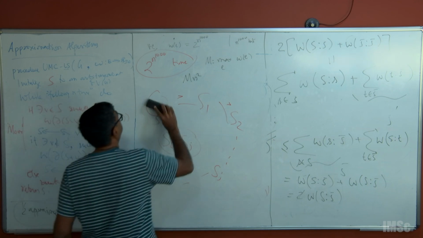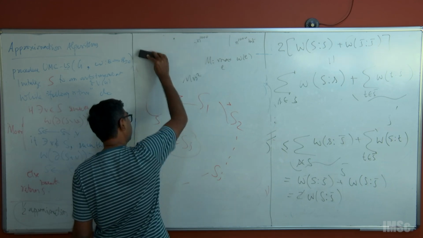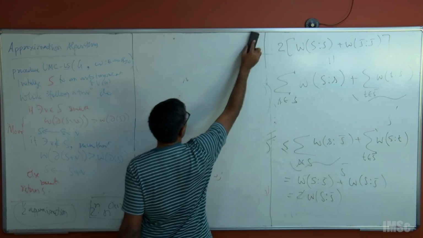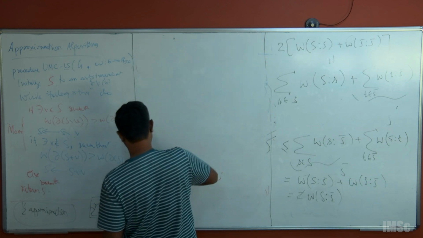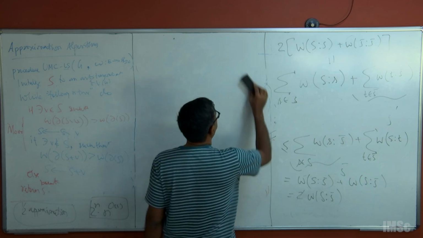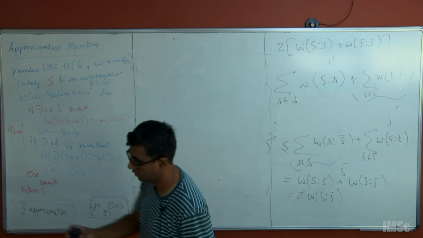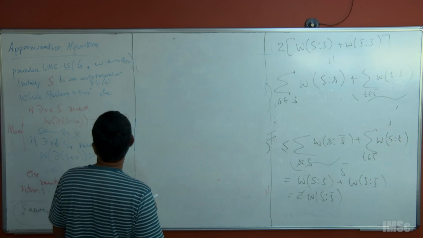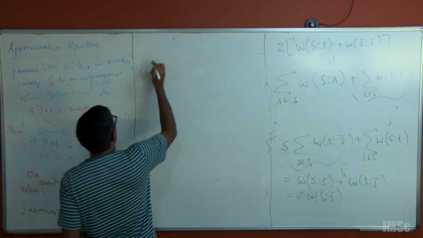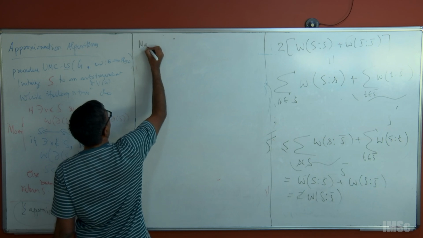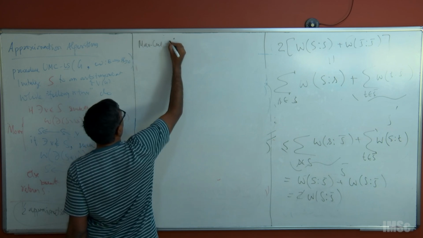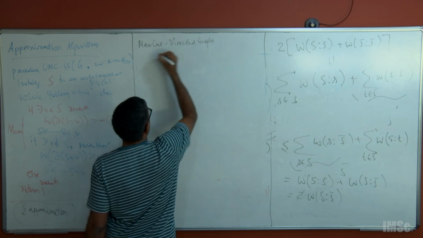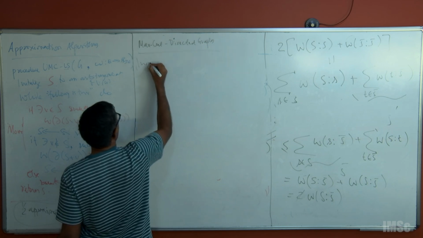The second problem of our interest will be again max cut, but in a directed graph. So let me state this problem. This is max cut in a directed graph. What is my input?